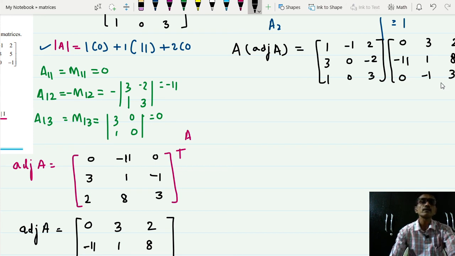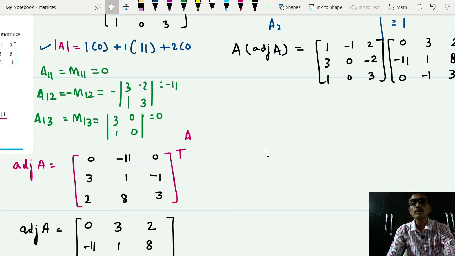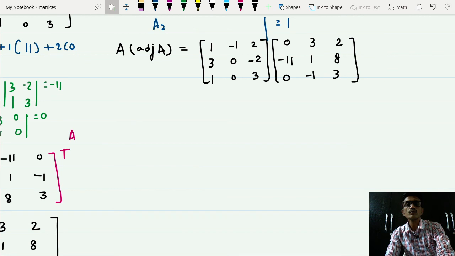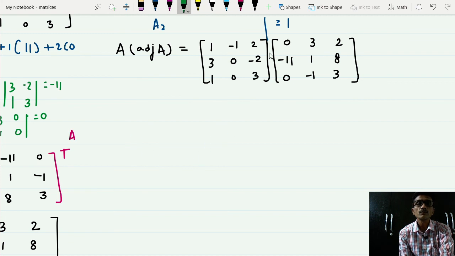So let us find the multiplication of this. How do we do multiplication? First row into first column. So what is our A into adjoint of A?